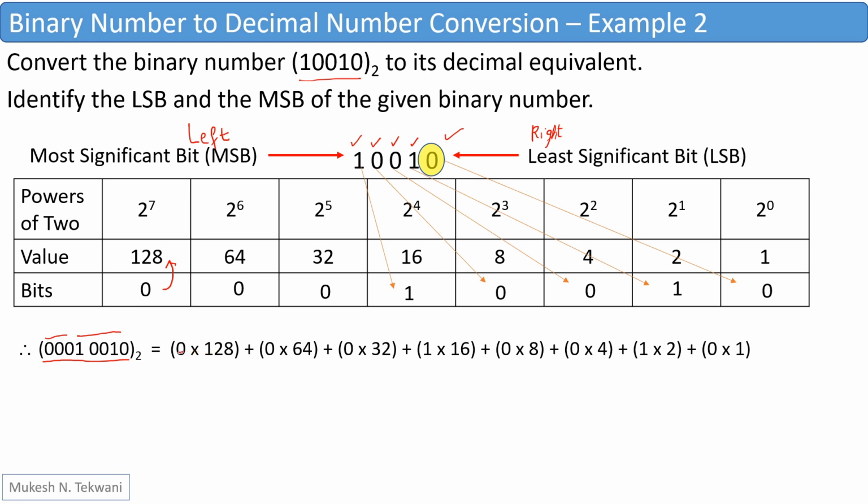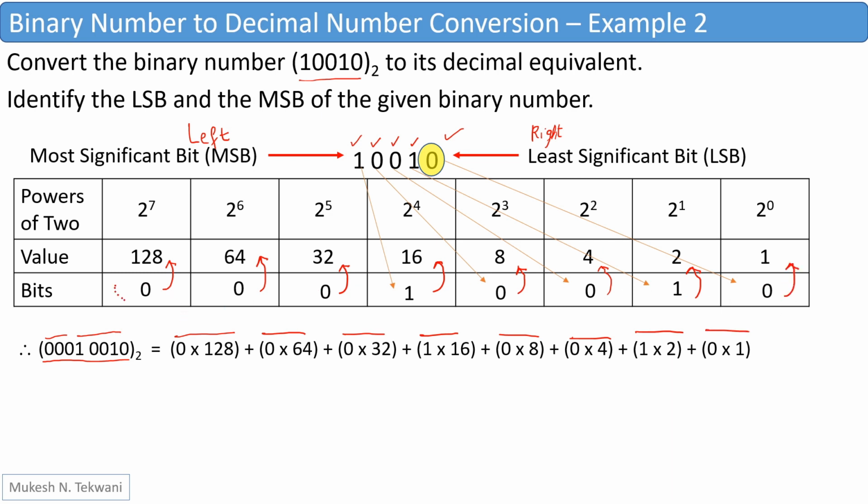So 0 into 128 plus 0 into 64 plus 0 into 32 plus 1 into 16 plus 0 into 8 plus 0 into 4 plus 1 into 2 plus 0 into 1.